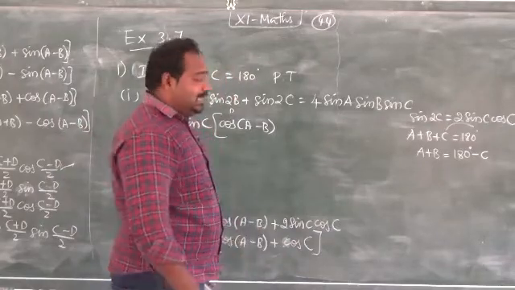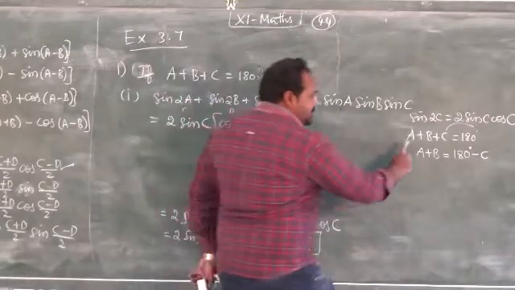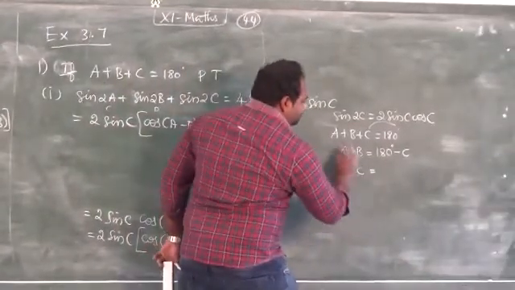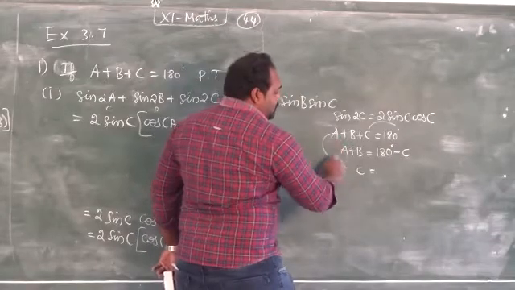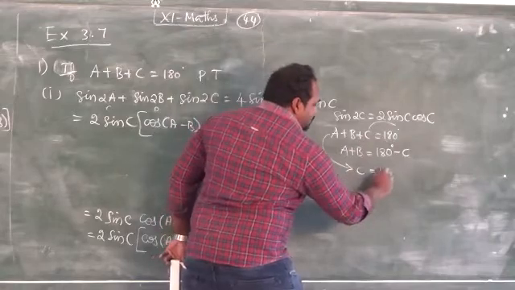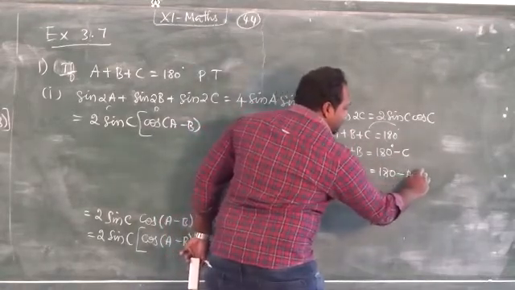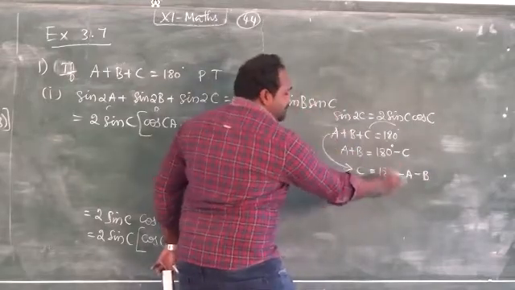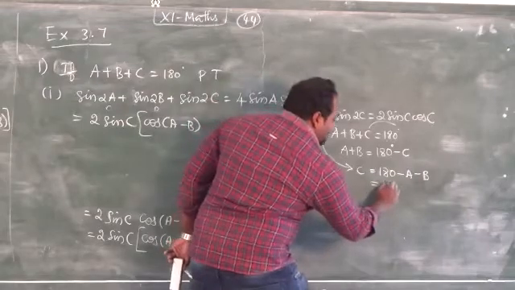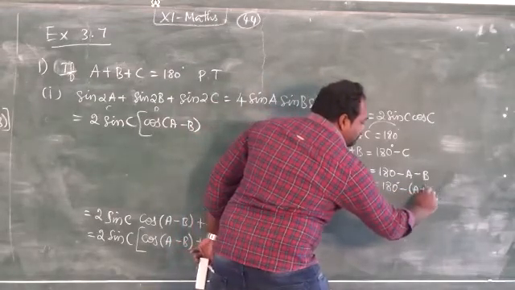Instead of cos C, I am going to use the condition which is given in the question: A plus B plus C equal to 180. So C equals 180, and bringing A and B to this side, minus A minus B. Plus A becomes minus A, plus B becomes minus B. If I take the minus outside, minus (A plus B) will come.